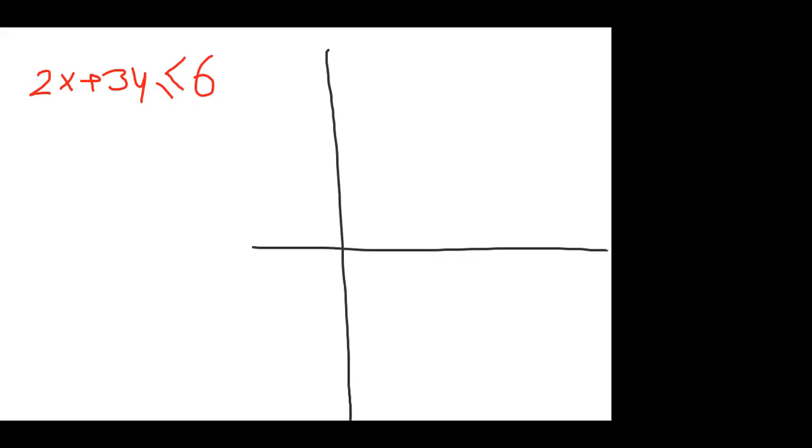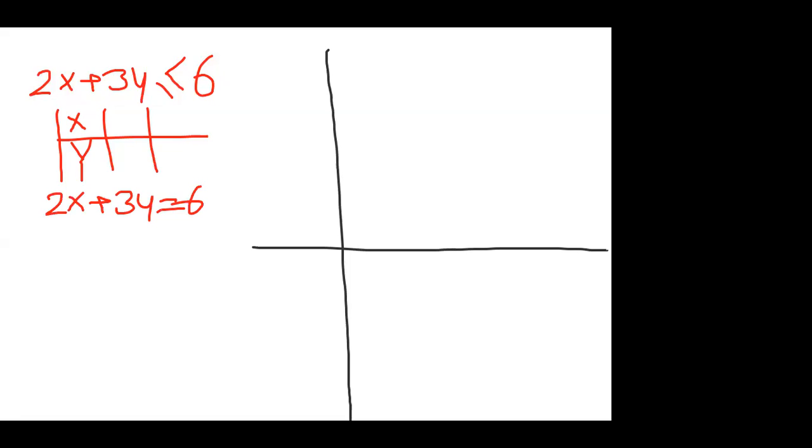Now, table formation, x, y. Once I need to put x as 0, once I'll put y as 0. So first of all, whenever we are making the graph, it is of the equals-to condition. So it will be 2x plus 3y equals 6.